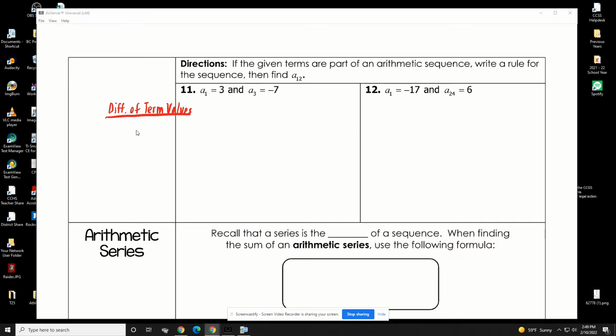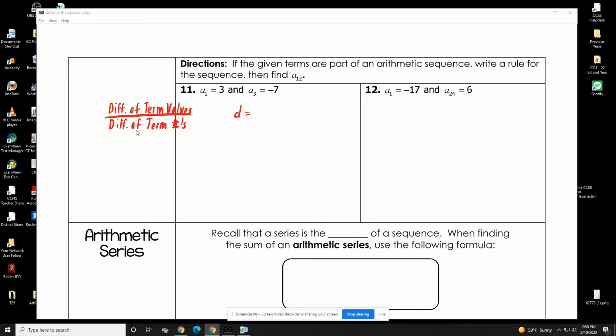And then on the bottom, we're going to do the difference of the term numbers. So even if I don't have the first and second term, I do have the first and third term. So what is the third term? Because we're still going to go in that same order. We're going to do the big one minus the small one. Okay, we're going to do the big minus small.